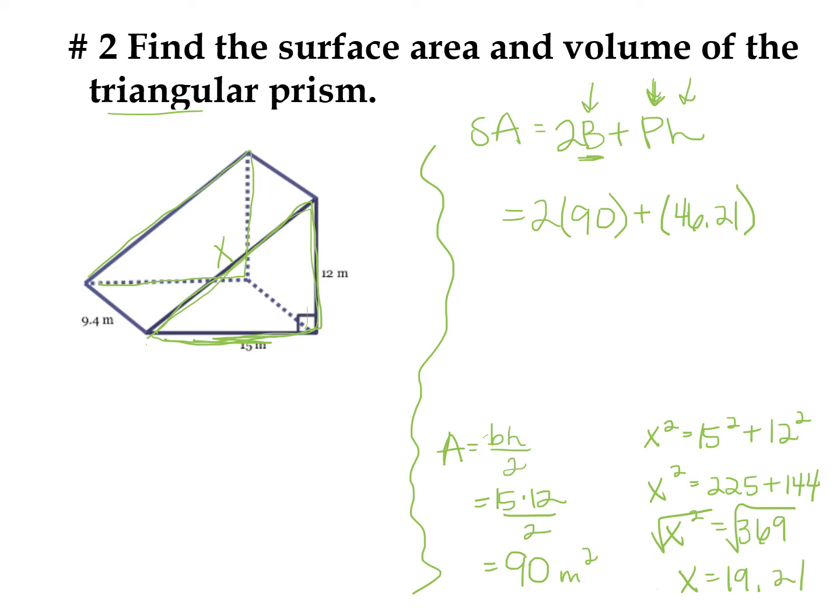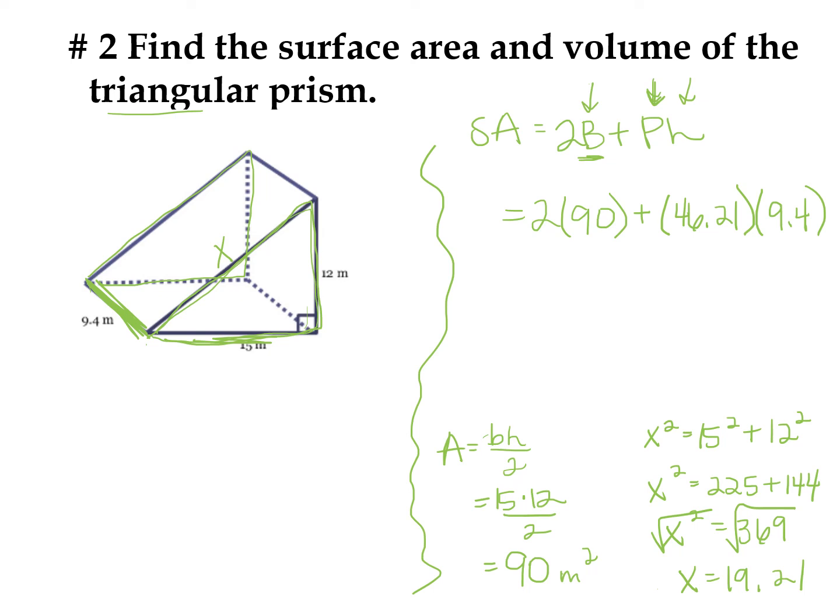Lastly, I got to plug in for little h, and again, little h is between the 2 bases, so the only number left to use between the 2 bases here, between our triangles, is 9.4. So 9.4. Now that I have everything plugged in, I can use my calculator using proper parentheses.